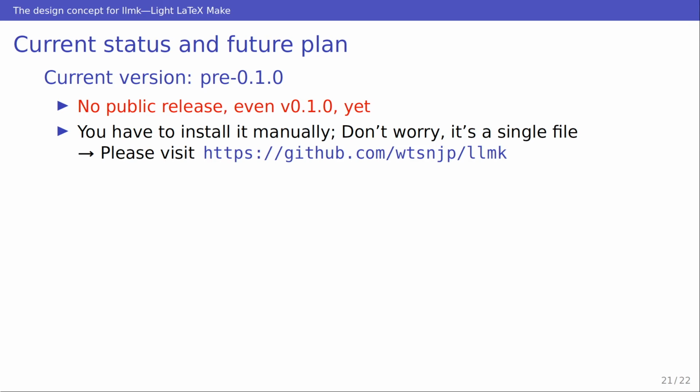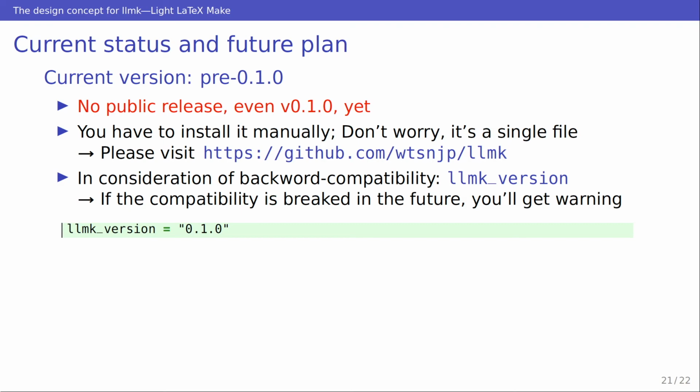Please visit our repository on GitHub. And in consideration of backward compatibility, we provide the key named llmk version. You can give the version string to this key. If the compatibility is broken in the future, I'm also not sure what will happen, but at least you will get a warning.